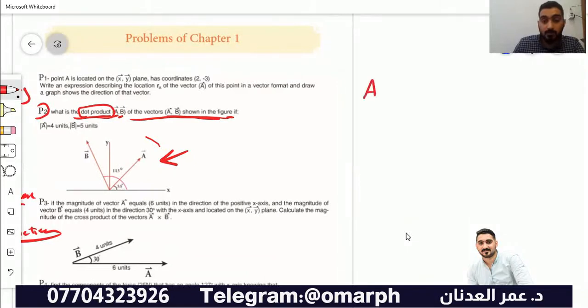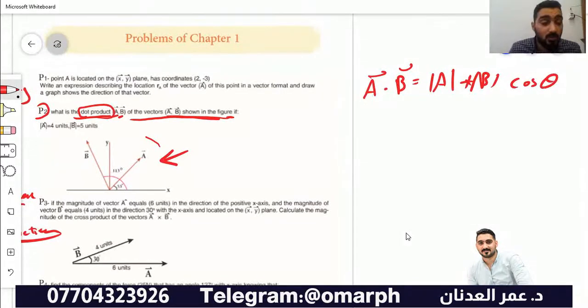Therefore, vector A dot vector B equals A times B, and we use cosine theta. We need to get the angle between vector A and vector B from the figure below. We explained previously that the angle theta must be between A vector and B vector.